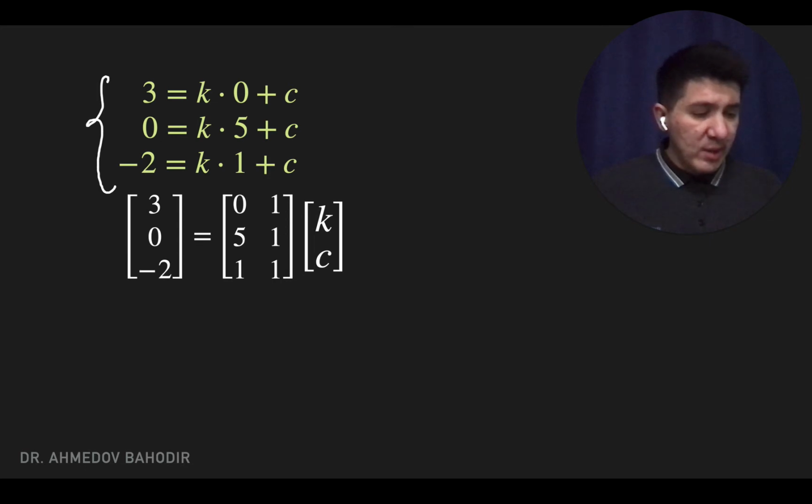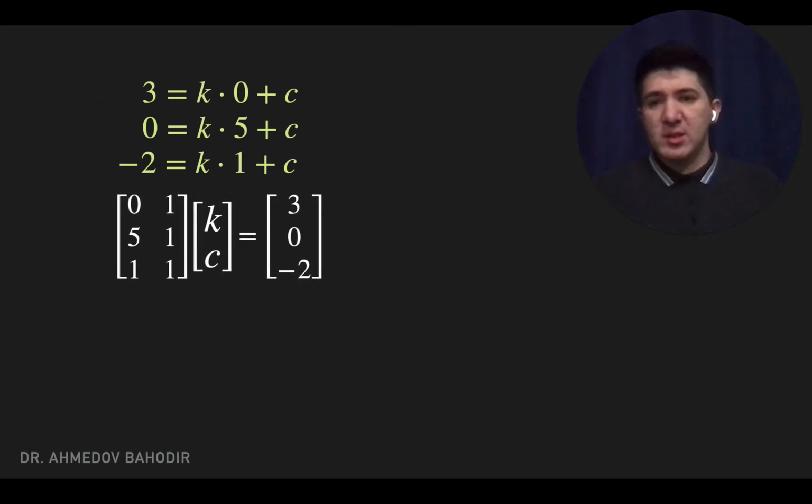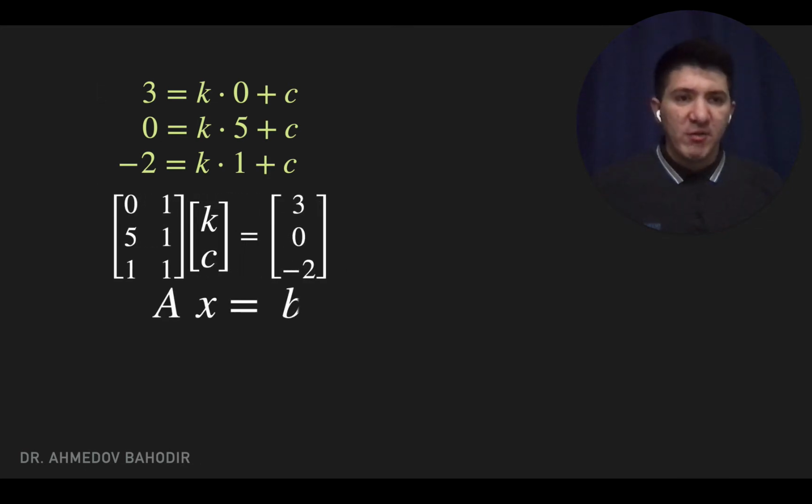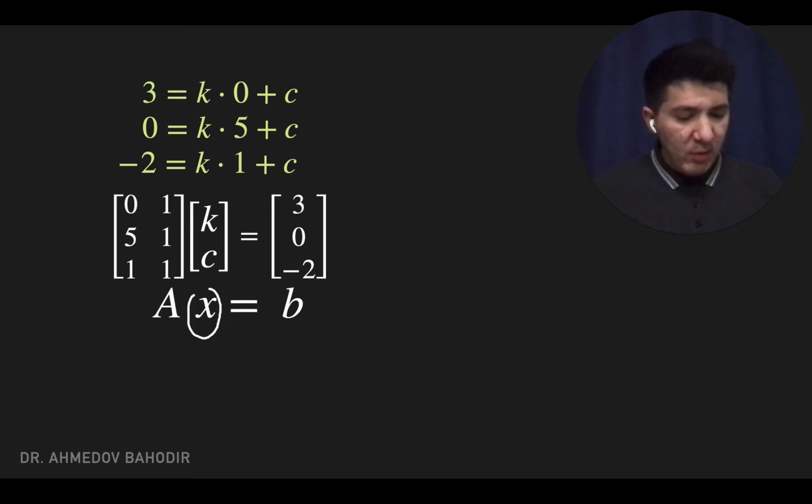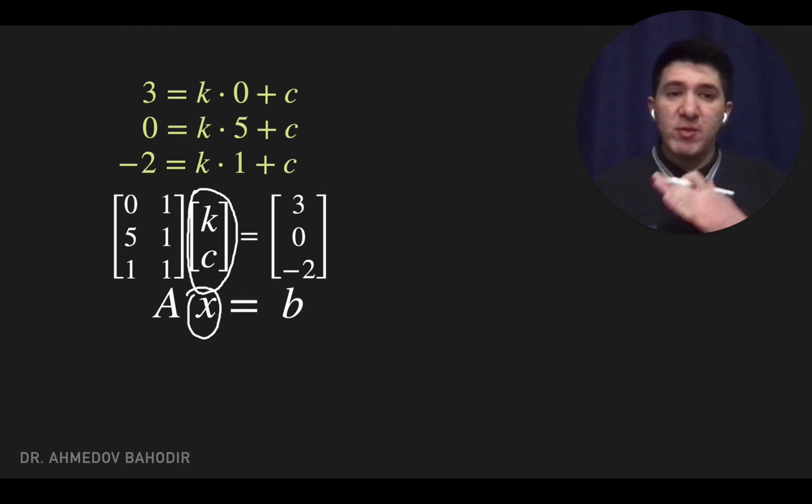And I'm going to write this down in matrix form by just rearranging the vectors. It is going to be written in the form Ax = b, where the x is the unknown vector, which is going to contain the parameters of that regression line, which is going to fit in the best way to our data points.